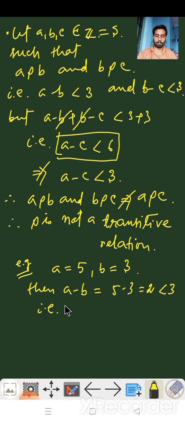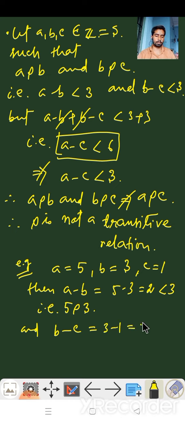That is, 5 is related to 3. And let c equals 1. Then b minus c equals 3 minus 1, which equals 2, which is also less than 3. That is, 3 is related to 1.